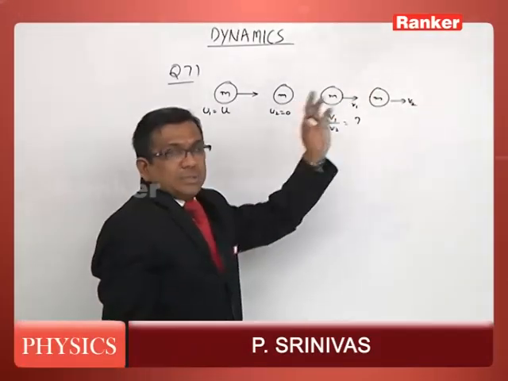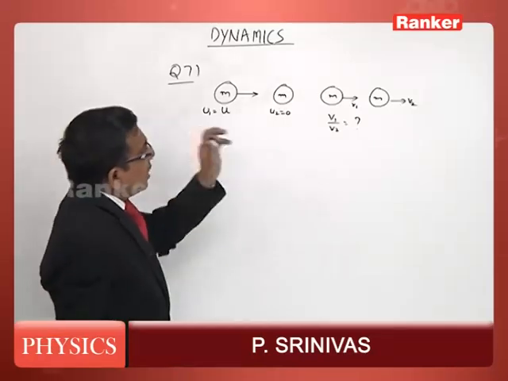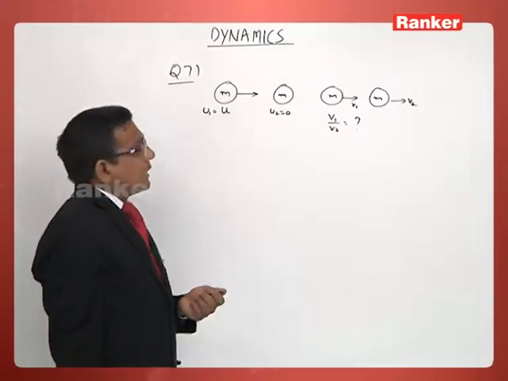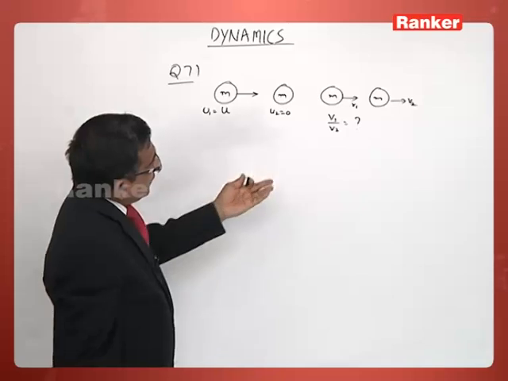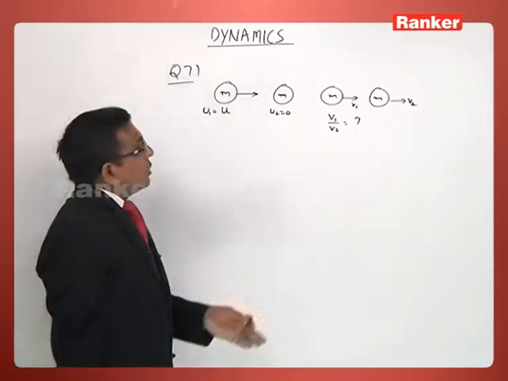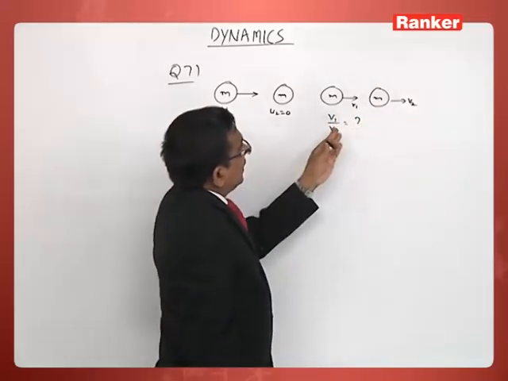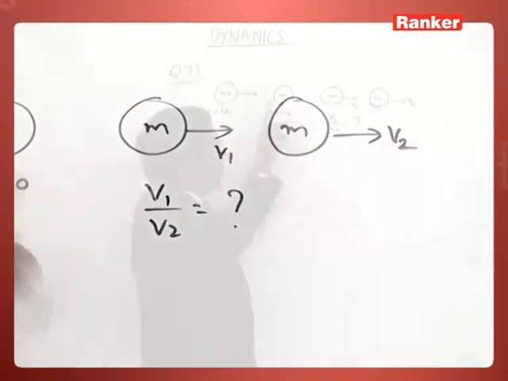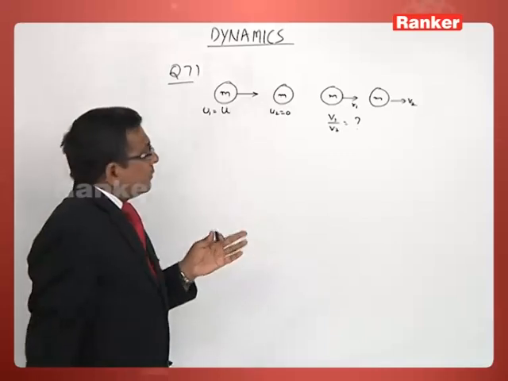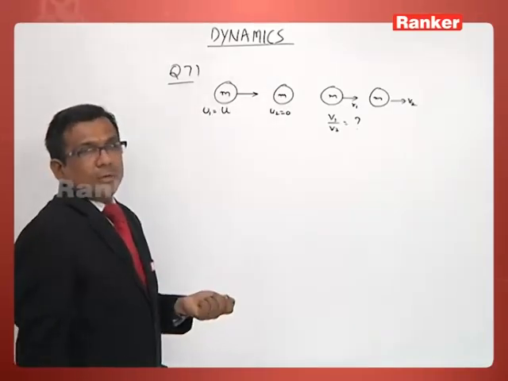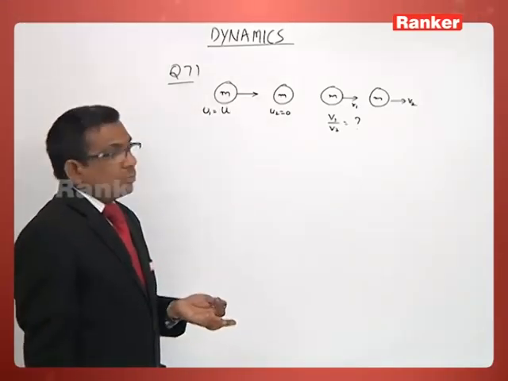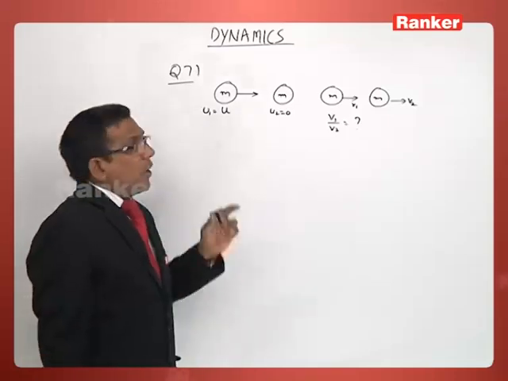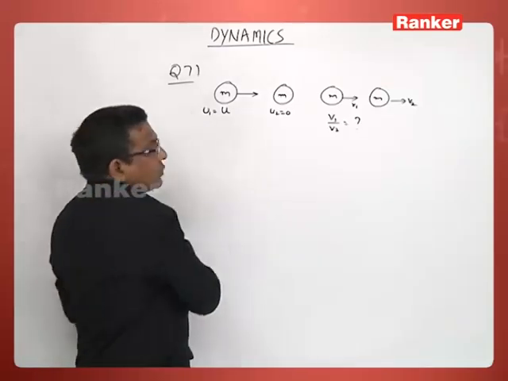Here two unknowns are there, and to solve this problem two equations are required. So what are those two equations and how to solve this problem? v1 and v2 are the velocities of the first and second body after collision. We want the ratio of v1 by v2 as per the problem. So here two things we have to calculate. How to calculate those two things? Let us see. In the first point, coefficient of restitution is given.